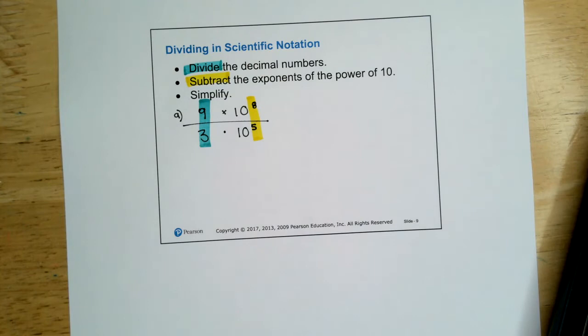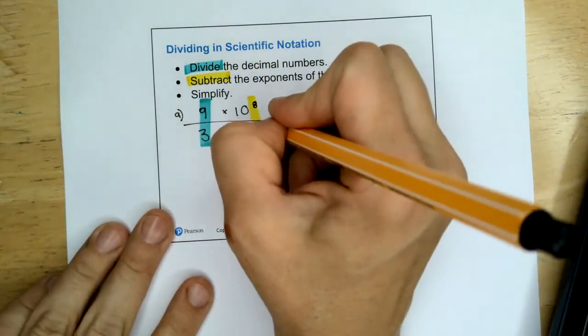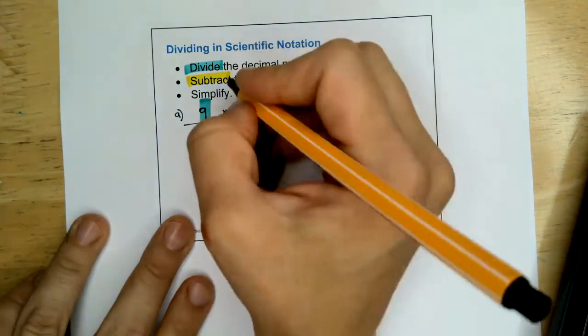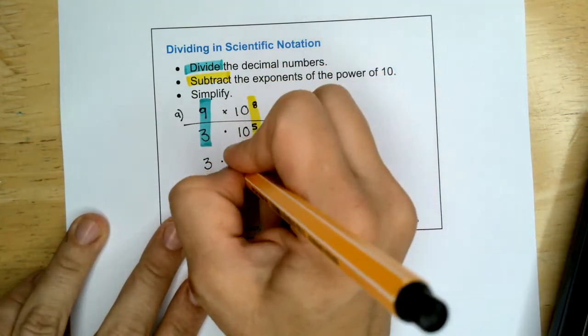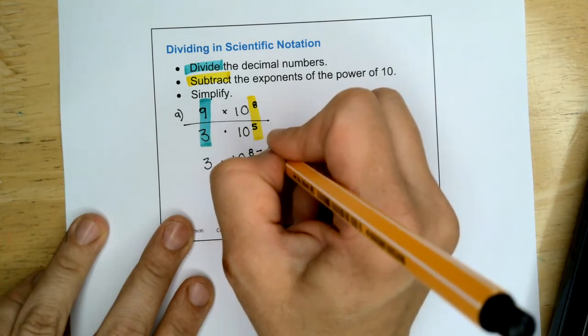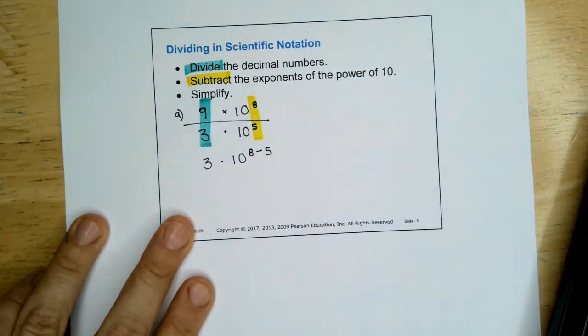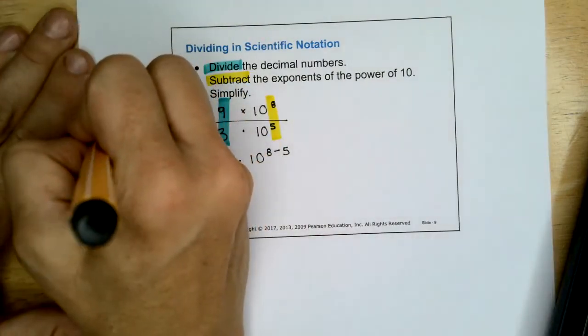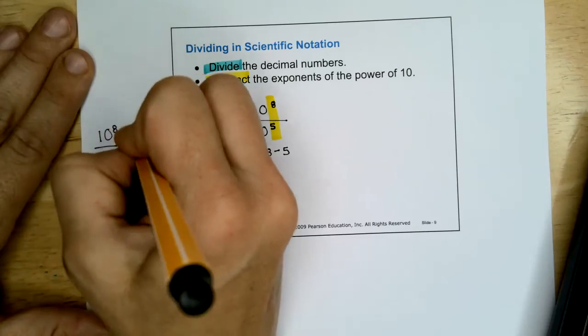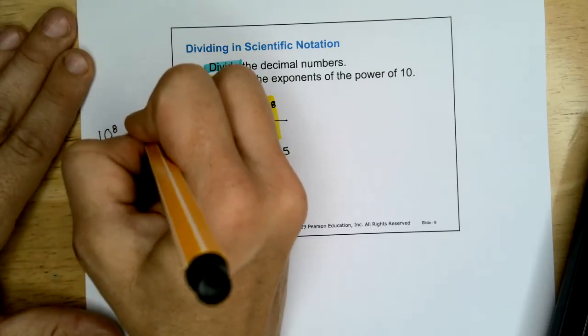Okay, you can keep them separate. 9 divided by 3 becomes 3, right? Times 10 to the 8th minus the 5th, right? Because 10 to the 8th over 10 to the 5th is simplified to 10 to the power of 8 minus 5.